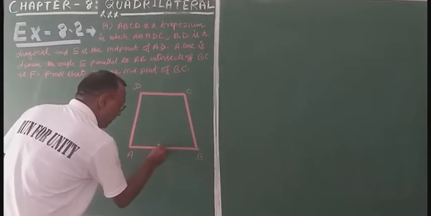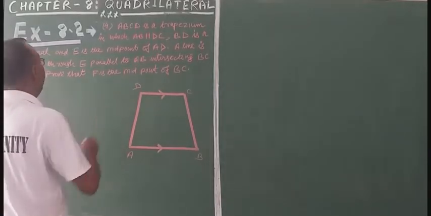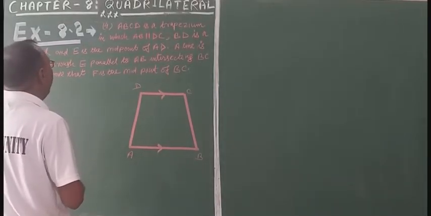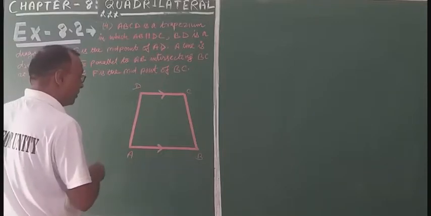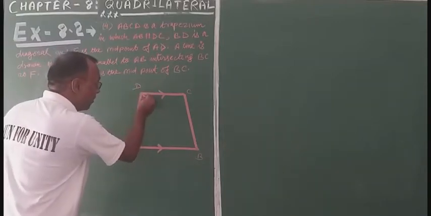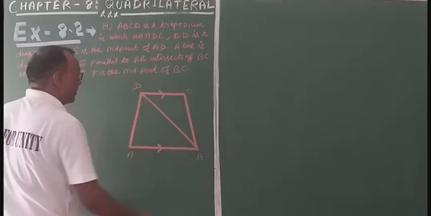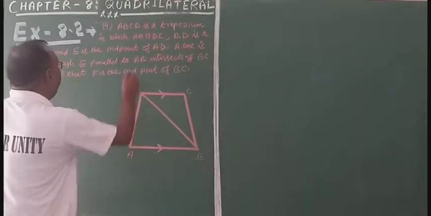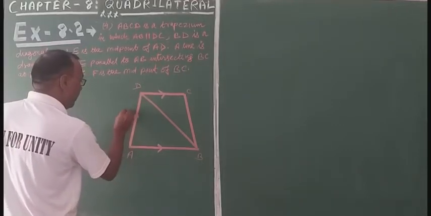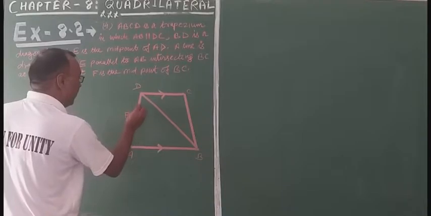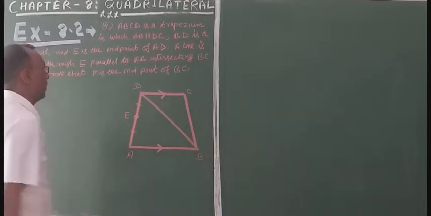This AB is parallel to DC. BD is a diagonal, this is the diagonal, and E is the midpoint of AD. This E is the midpoint of AD, so this part and this part are equal.